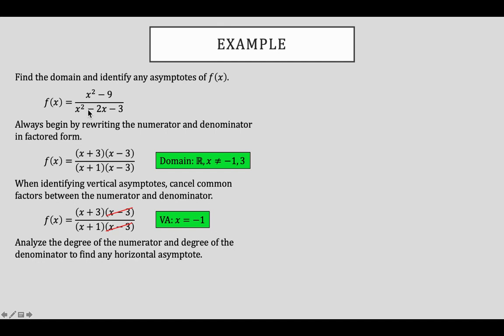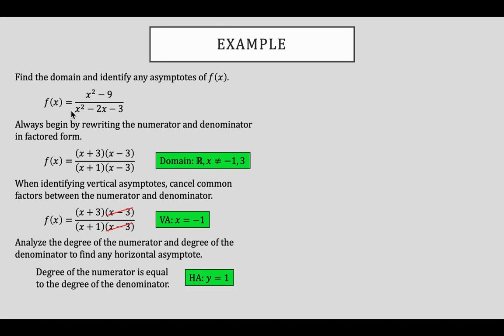If the degree of the numerator is equal to the degree of the denominator, then we have a horizontal asymptote at the ratio of the leading coefficients. The leading coefficient of the numerator here is 1. The leading coefficient of the denominator here is also 1. 1 divided by 1 gives me a horizontal asymptote at y equals 1.